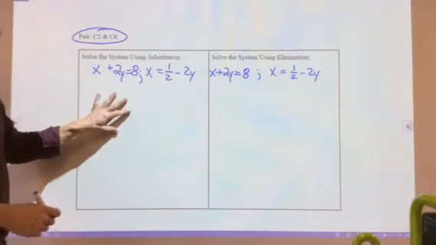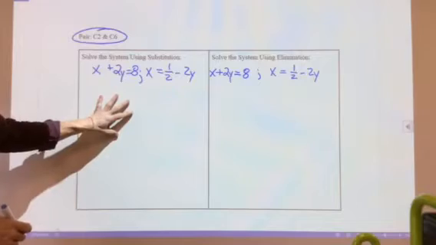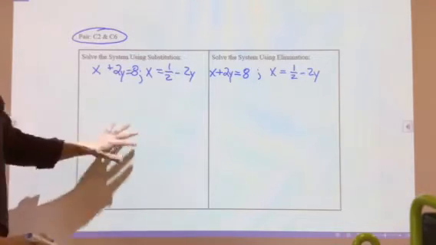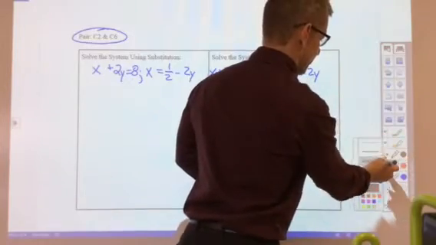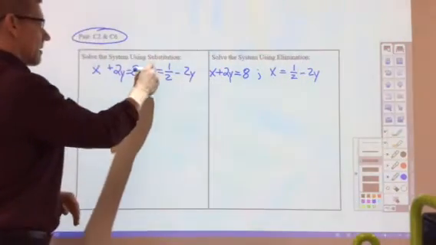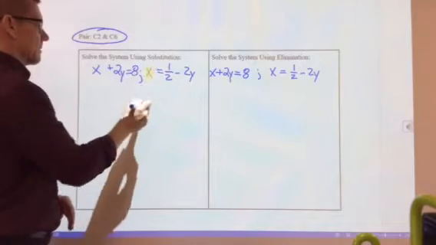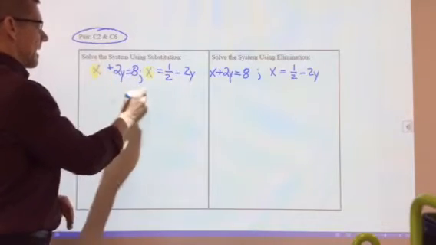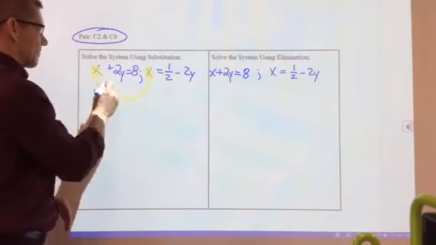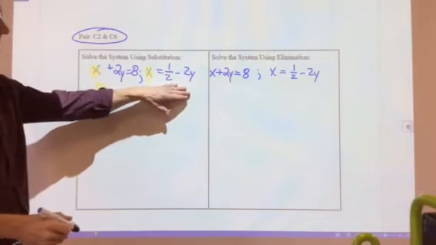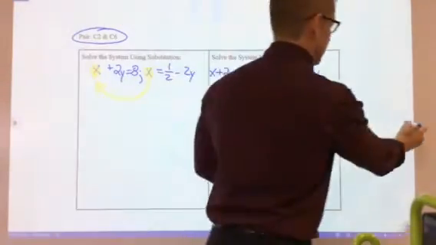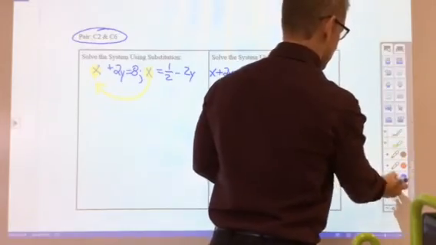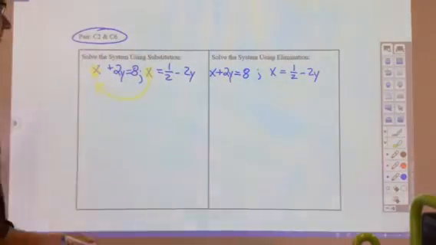So there may be some rearranging that you need to do, but in this case, we really can take advantage of the fact that I already have x is equal to something. So I can substitute that right into the first equation. So I can substitute what x is equal to in the second equation into the first equation. And that's how I am combining those two equations algebraically.